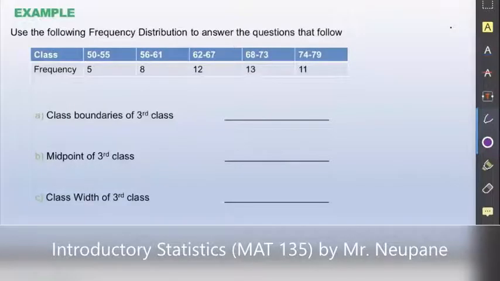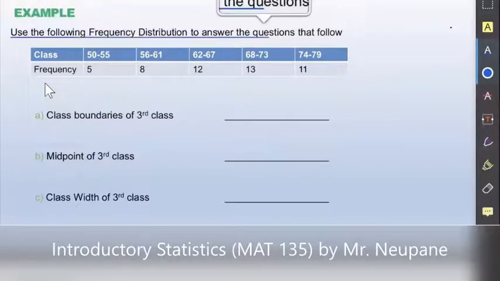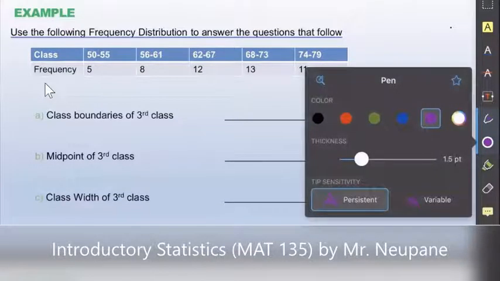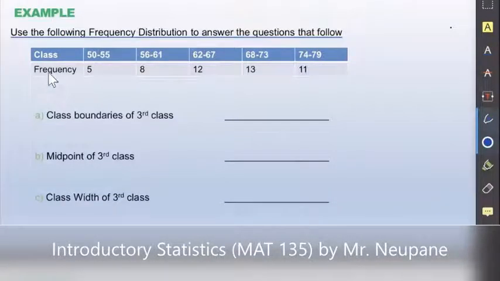Now we have a few examples from this chapter. The first example is: use the following frequency distribution to answer the question that follows. So here we are looking at some simple examples based on what we have studied so far in the chapter. They have given the classes and frequencies.